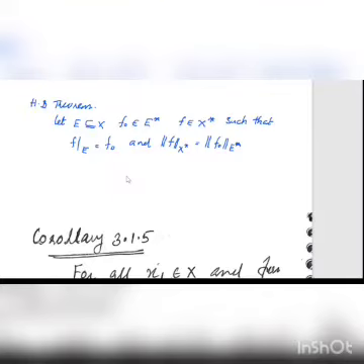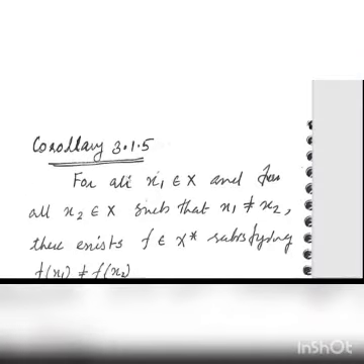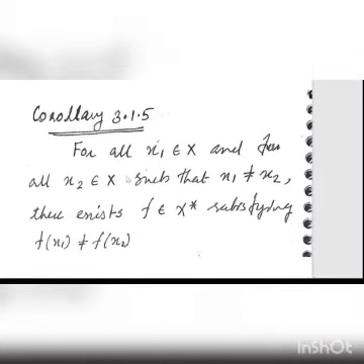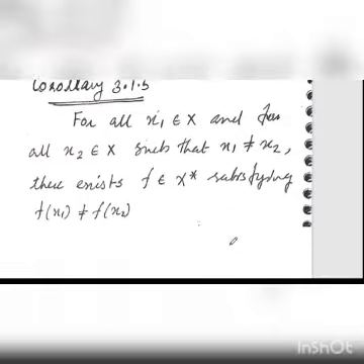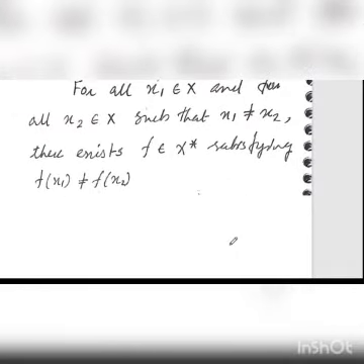Now we are passing to corollary 3.15. So what does this corollary say? For all x1 belonging to x and for all x2 belonging to x such that x1 is not equal to x2, that means x1 and x2 are two distinct elements of your space x, there exists an f belonging to x star satisfying f of x1 not equal to f of x2.